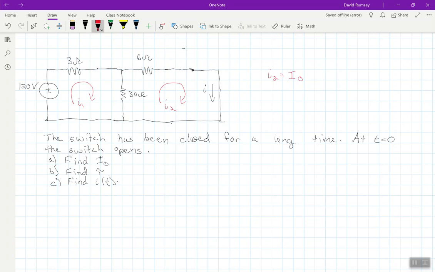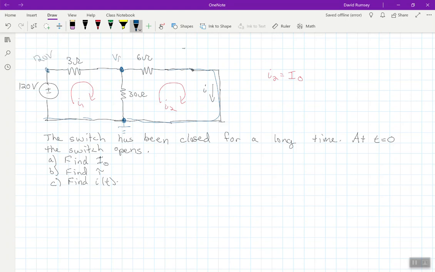I'm actually going to do something a little bit different, and I'll see if you can figure out why. I'm going to do nodal analysis, because I've got a single node here and a node here, but this node is all the same node as up here. So this node I'm just going to put to ground, and that means this is 120 volts here.